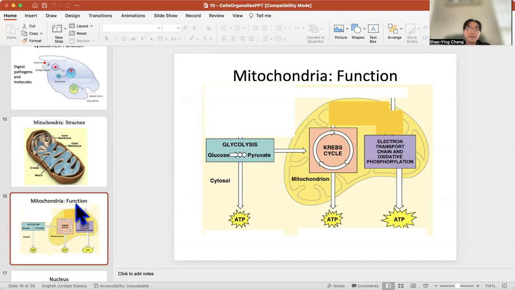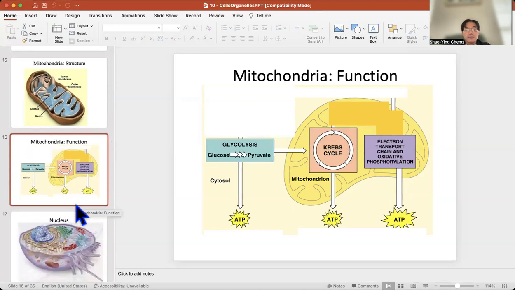So about 95% of the ATP in a cell actually comes from mitochondria. That's the main function of mitochondria. We will go through the whole process of how to turn glucose into ATP in a later structure called cellular respiration. The mitochondria is the main place for ATP to be synthesized.